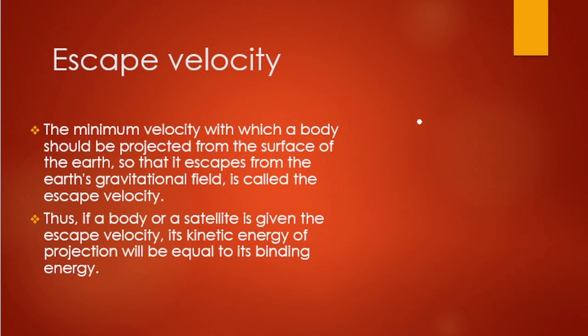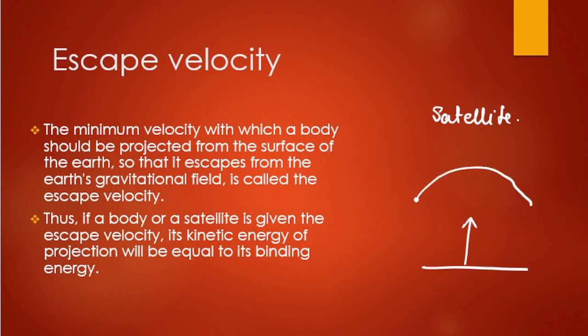So how can it escape? For example, a satellite. Our satellite is sent from the Earth's surface. It moves out of the outer covering of the Earth and moves to space, right? How is this possible?